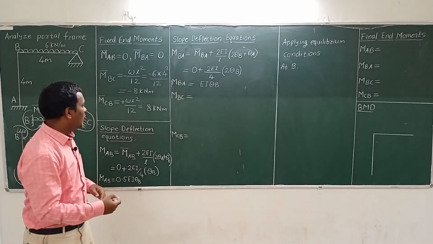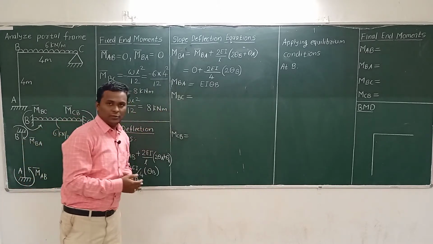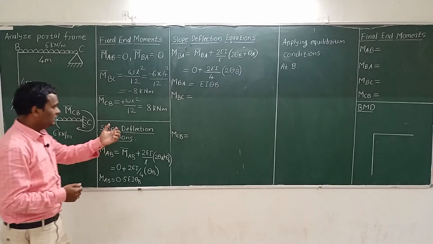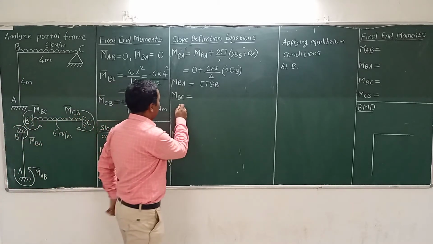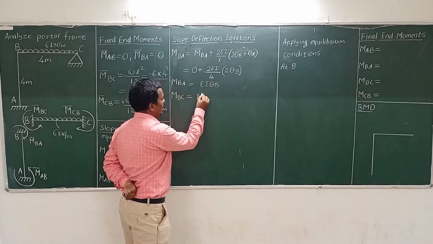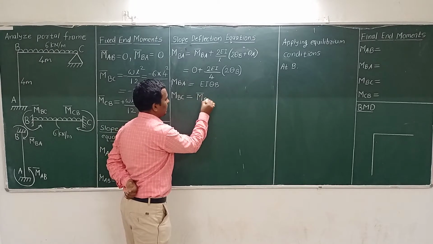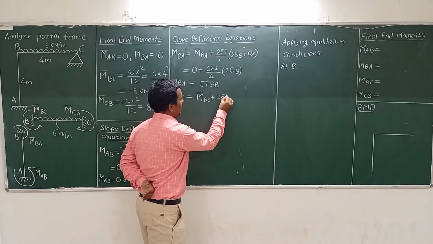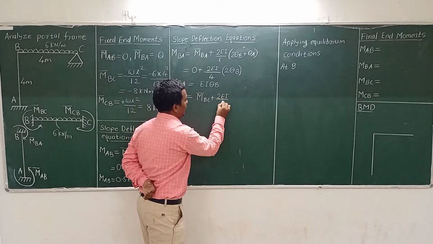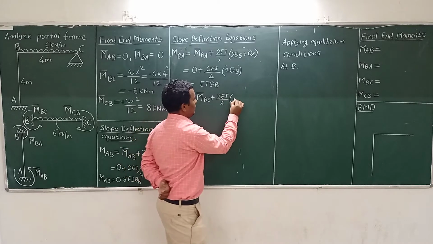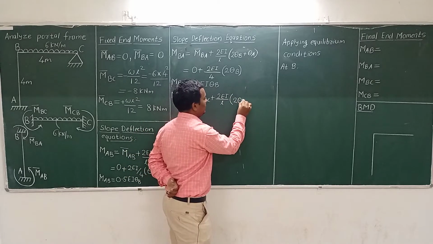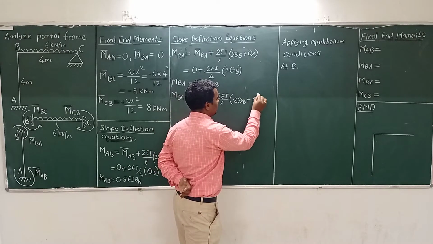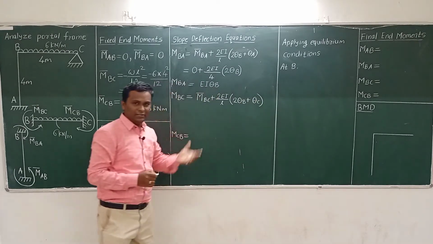Okay, now we can go for the next slope deflection equation, that is for span BC. So first of all write down the equation for MBC. MBC is M bar BC plus twice EI upon L, inside the bracket twice theta B plus theta C. The logic to write down the equation is very simple.